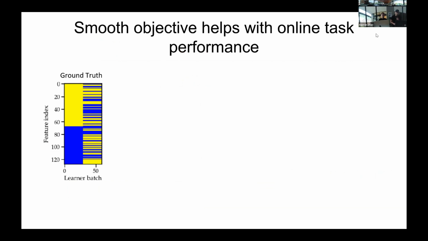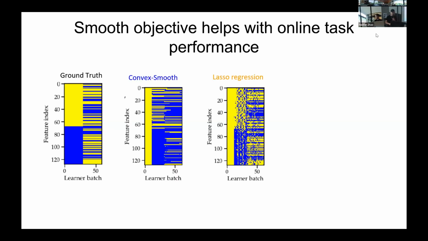All right, so we did some simulations with these objectives. The ground truth here basically shows that we're trying to flip the features at mid-time of the simulation, and the ground truths are the features we want to select in real-time simulation experiments. We compare the performance of our convex algorithm to lasso regression.